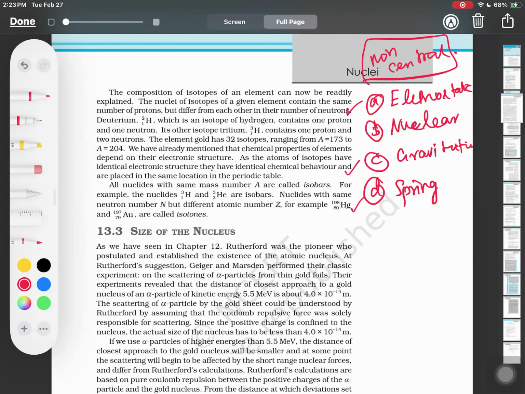Only the nuclear force is the non-central force, because it depends only on the spin of the nucleus and not on whether the nucleons are protons or neutrons revolving around the nucleus. So it is the non-central force.